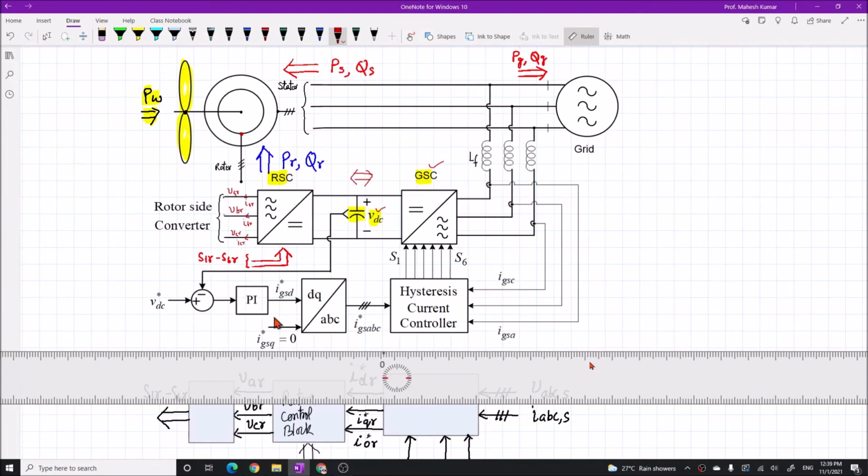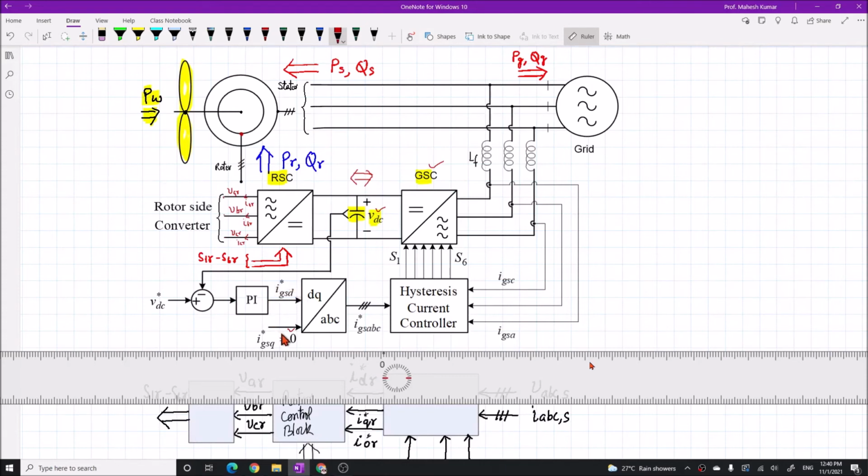Now the PI controller generates the reference currents for the grid side converter, IGSD and IGSQ. If we don't want the Q component of grid current, then it will be equal to 0, because we want unity power factor operation. So for that, Q is 0, therefore IGSQ is 0. And IGSD is the real power which is being injected into the grid.